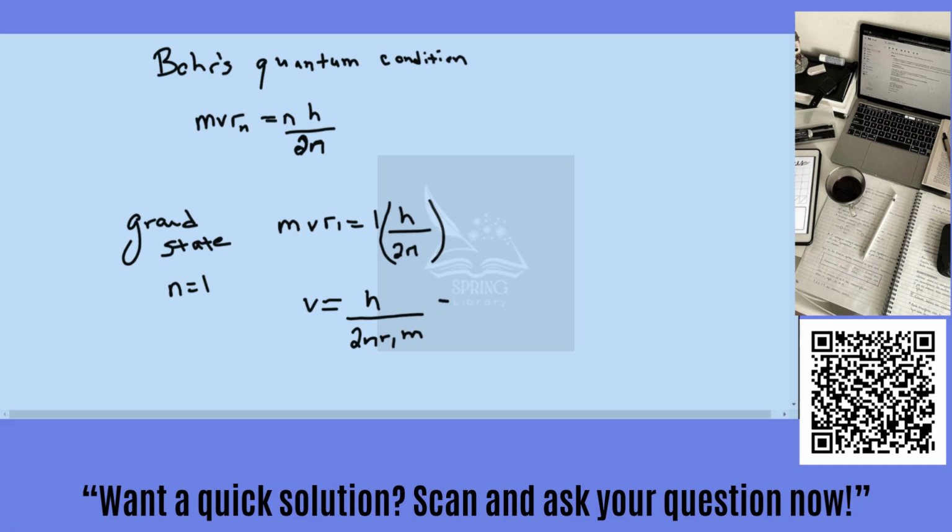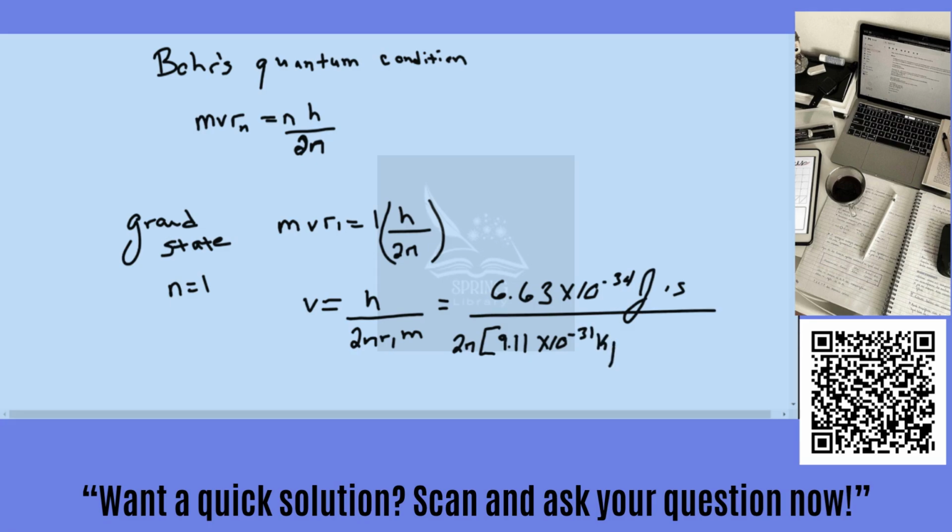And now we're going to plug in all the information. So we have Planck's constant, which is 6.63 times 10 to negative 34 joule seconds, over 2 pi times the mass, which is 9.11 times 10 to negative 31 kilogram, times the radius, 0.529 times 10 to negative 10 meters.